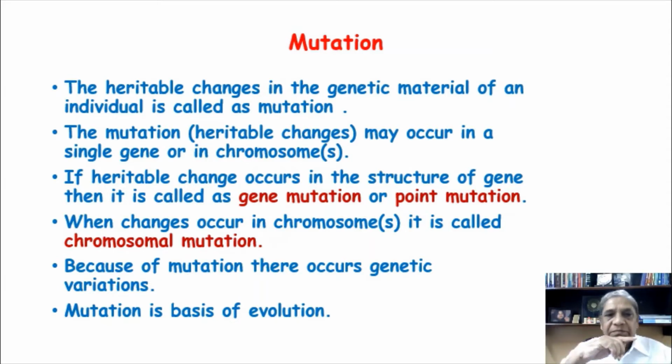Because of mutation, genetic variations occur. When mutation takes place, something new is produced. Either a beneficial effect will be there, or a harmful effect; mostly it is harmful, but sometimes a beneficial effect of gene mutation also occurs. And this is constantly going on for millions of years. It is not that in one person the mutation has taken place and then its effect will be seen.